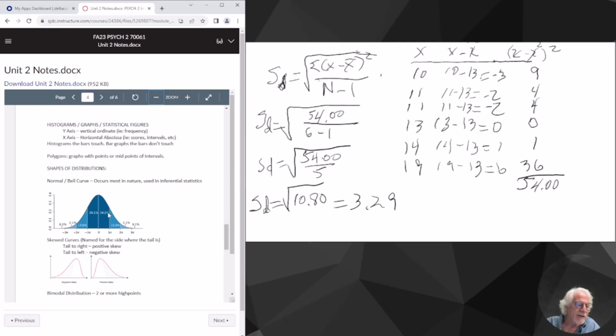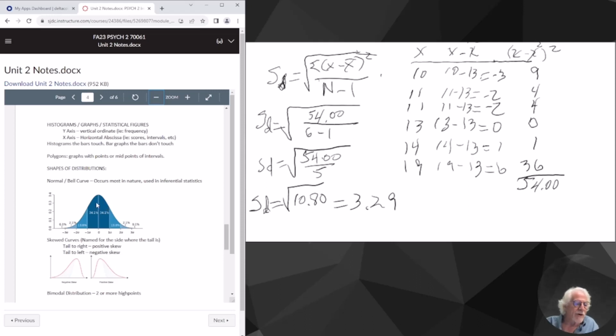So one standard deviation. So in this case, the mean would be 13. Right? And we're gonna go over this a lot too. The mean and median and mode would be 13, right? And then one standard deviation above the mean would be 13 plus 3.29, right?